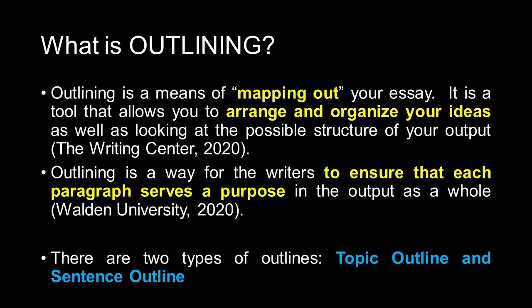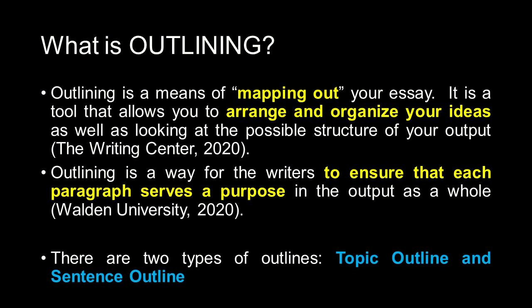This allows the author to look at the paragraphs in the essay and determine whether they have a particular function in that essay. Your paragraphs cannot be a hodgepodge of different sentences that you stitch together in an attempt to meet the length requirements given to you.